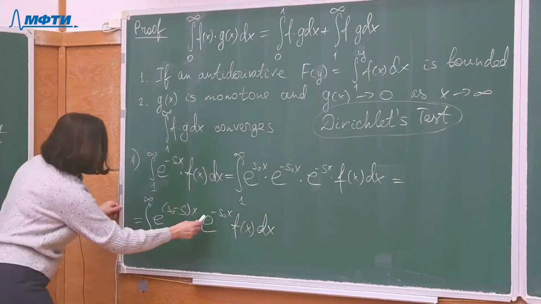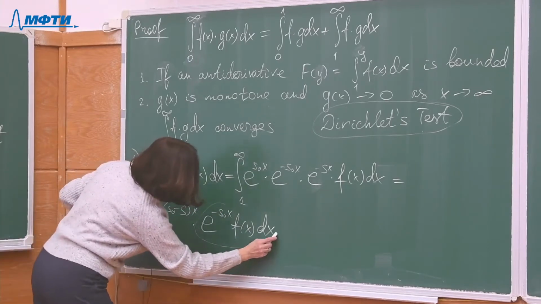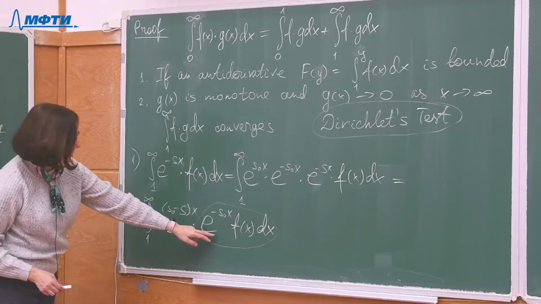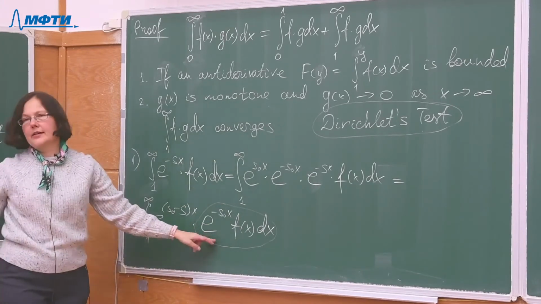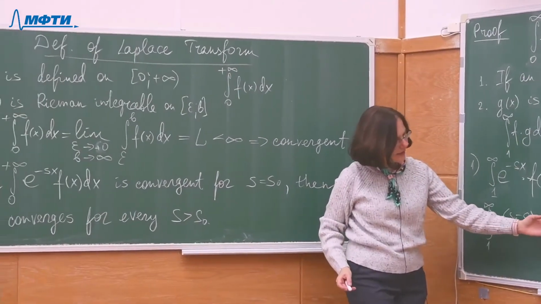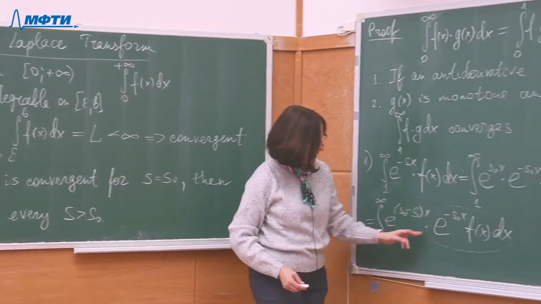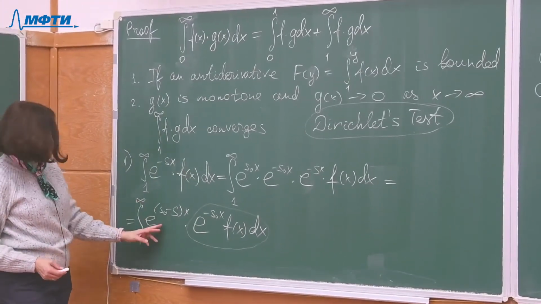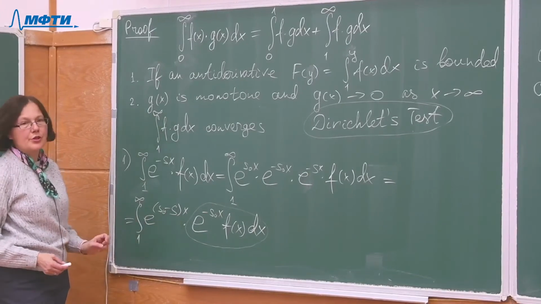And we know that this integral is convergent by the hypothesis of our theorem, right? This part is convergent, and this is a monotone function which approaches 0 as x approaches infinity.